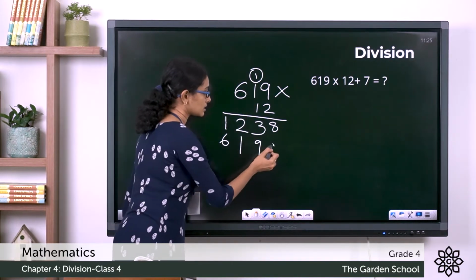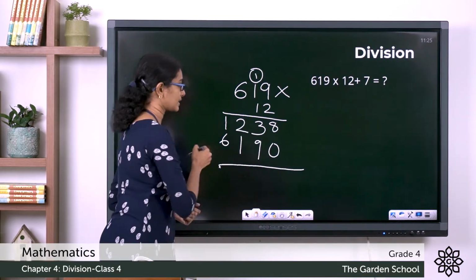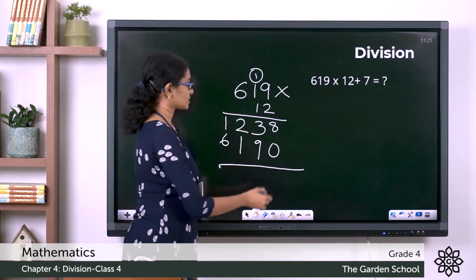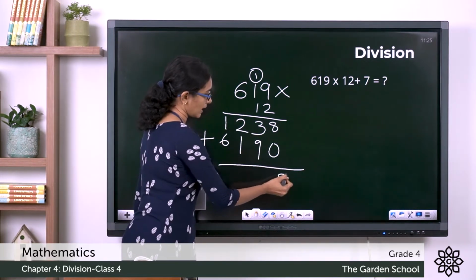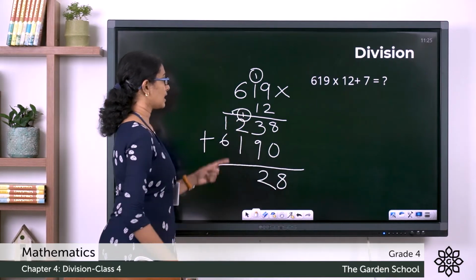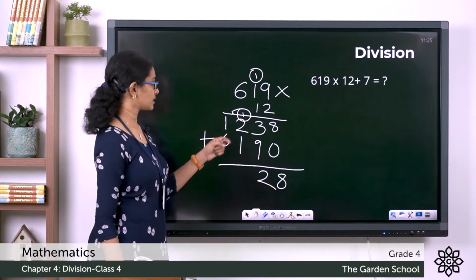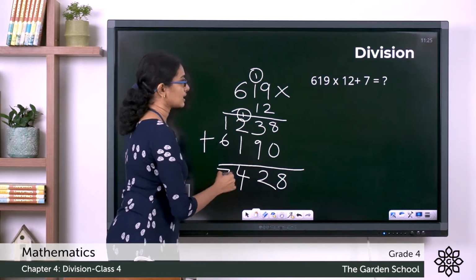So make sure you insert the proper number of zeros to correct the place values and the columns. Now you have to add the two products. 8 plus 0, 8. 3 plus 9, it is 12. A carry over 1. 2 plus 1, 3 plus 1, 4. 6 plus 1, it is 7.